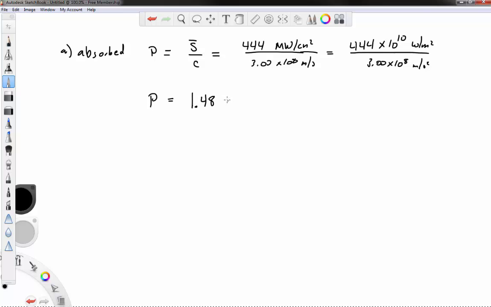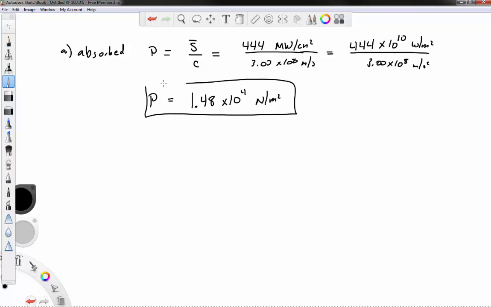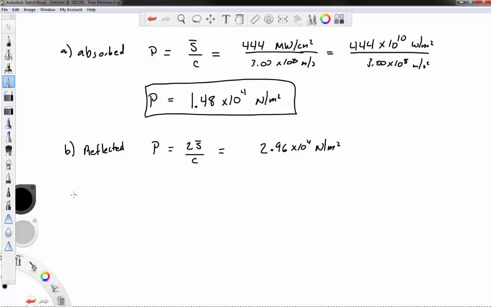So we'll just put that in proper scientific notation: 1.48 times 10 to the 4 newtons per meter squared is the pressure that we would be getting for the absorbed case. In the reflected case, the amount of momentum is doubled and hence the pressure is also doubled. So you use 2S over c. And so in this case, we should be getting 2.96 times 10 to the 4 newtons per meter squared.